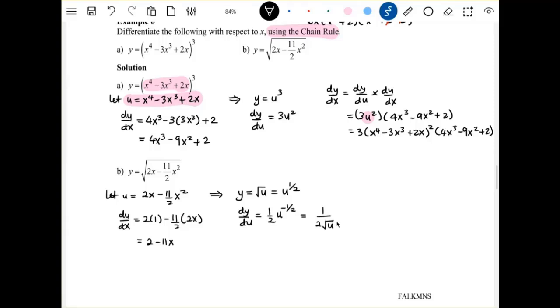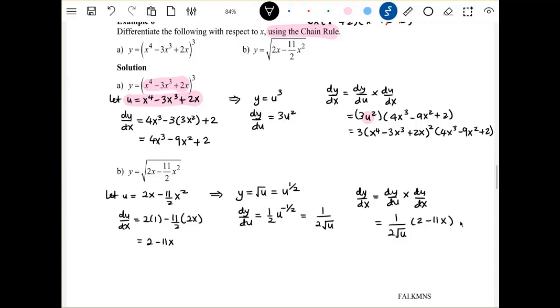So by chain rule, dy over dx equals dy over du multiplied with du over dx. So substituting dy over du, we have 1 over 2 square root of u times 1 minus 11x.